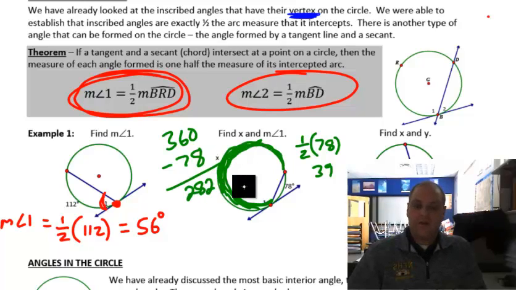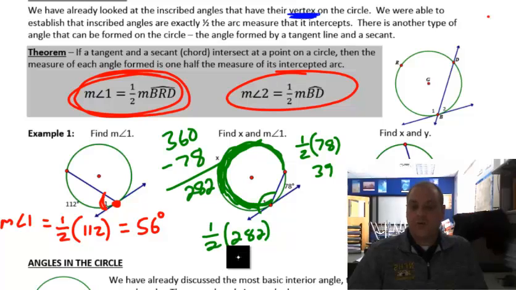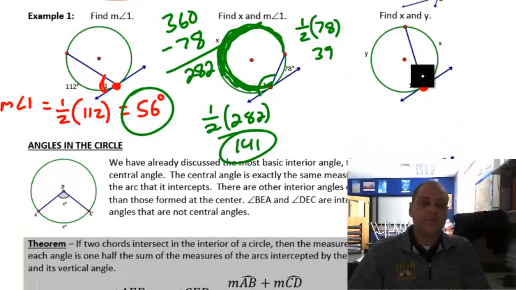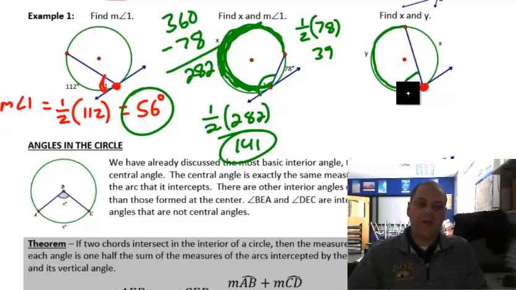That's 282, and then this angle is half of that. Half of 282 is 141. So either way, you're going to get 141. This one was 56, this one's 141. And then this one here, now they gave me the angle. So if they give me the angle, I know the arc is the opposite, double the angle.